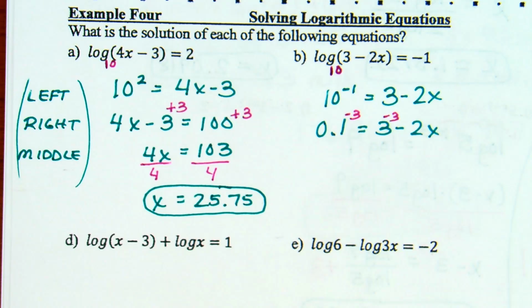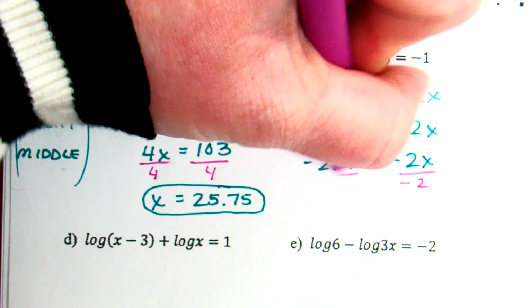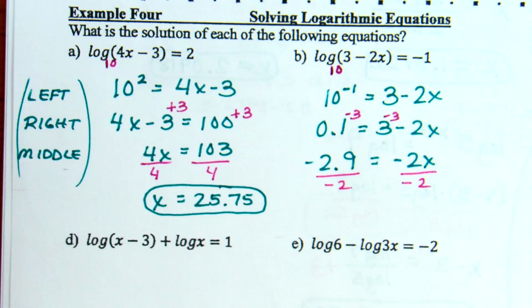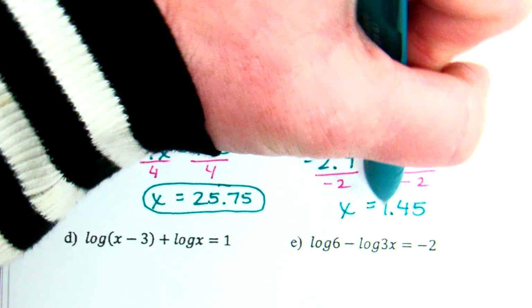Negative 2.9 equals negative 2x. How do I solve for x? Divide by negative 2. Negative 2.9 divided by negative 2. Positive 1.45.